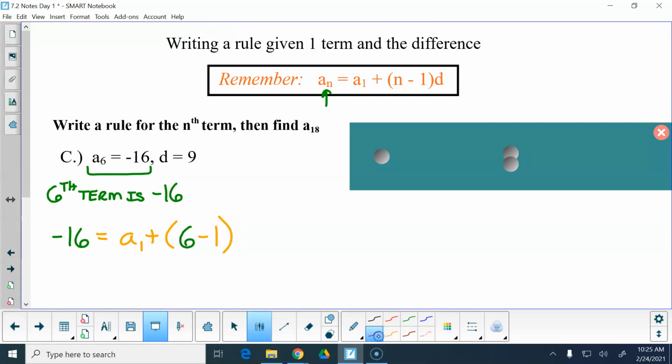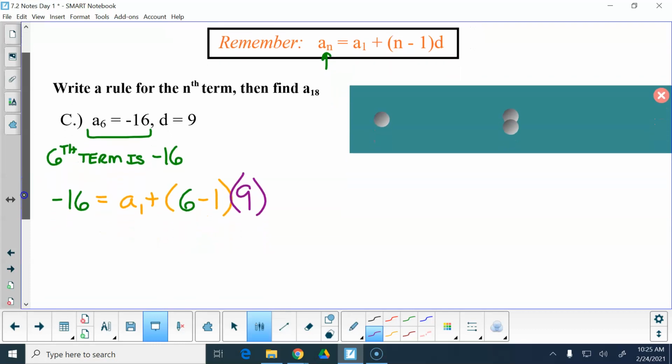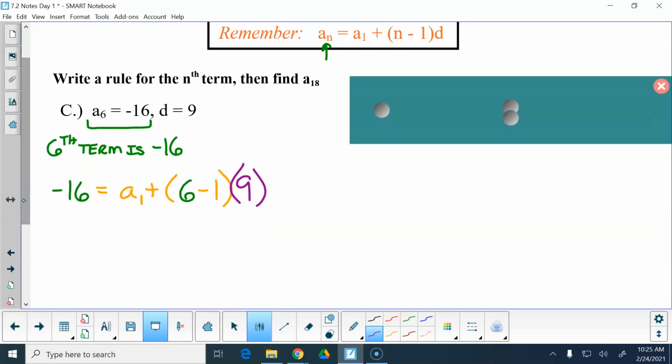And I know that my common difference is 9. So I can set up my rule and use it to find the first term. 6 minus 1 is 5. 5 times 9 is 45.